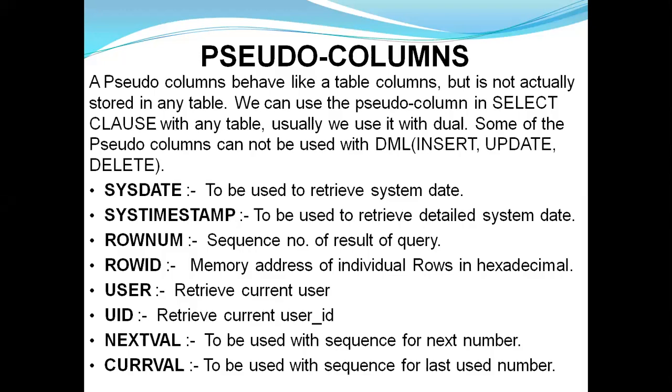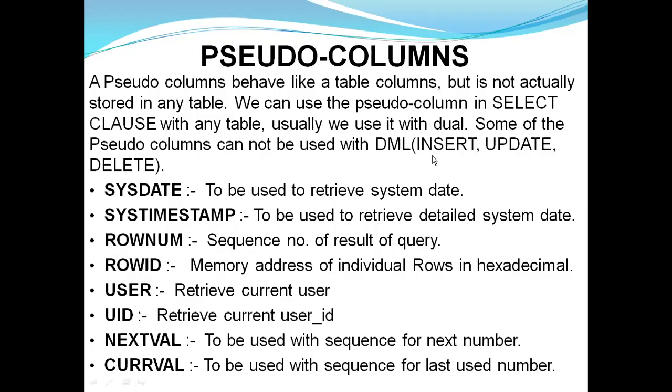When we are using the sequence, nextval generates the next number and currval retrieves the last used number. That's nextval and currval. So simple here. So with this, we can say that we have finished how to write basic subqueries. We'll meet again in the next lecture.